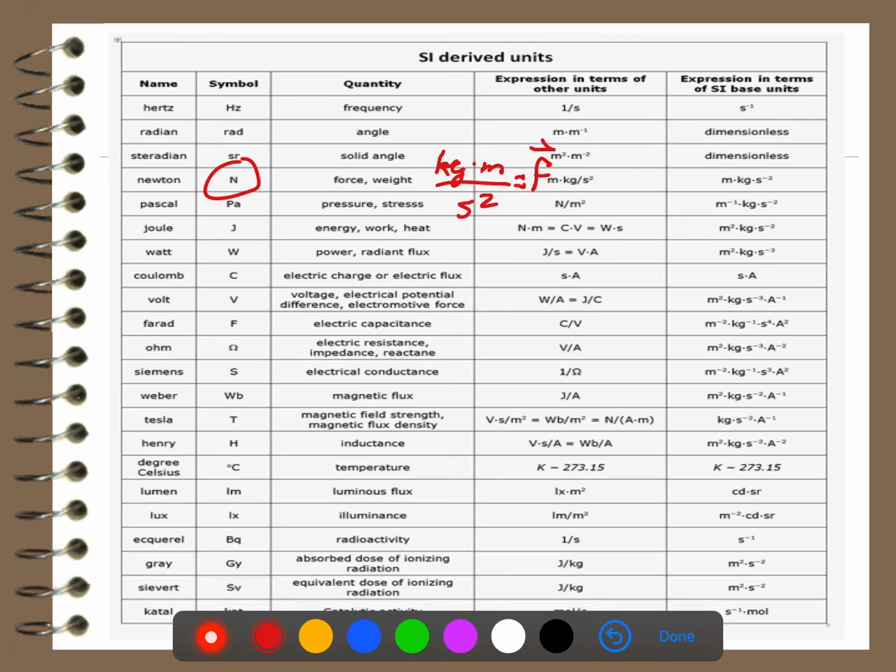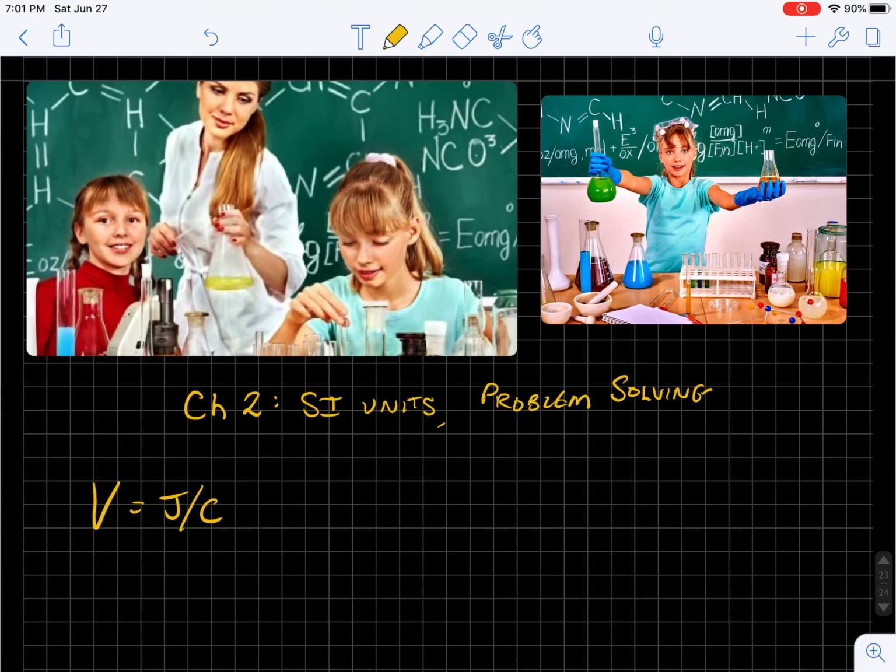All right, so let's go back to this other thing here. Suppose we have voltage, and a voltage is a joule per coulomb.